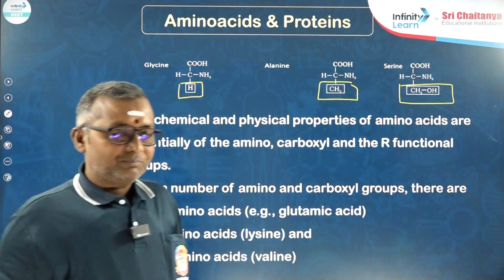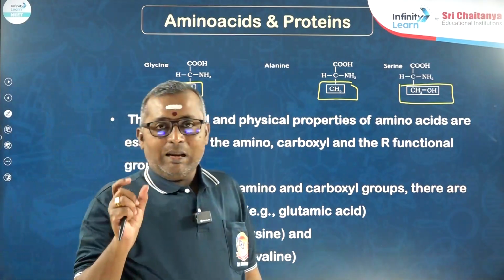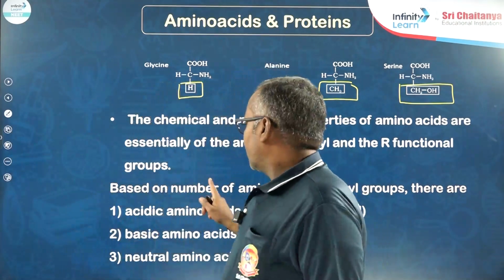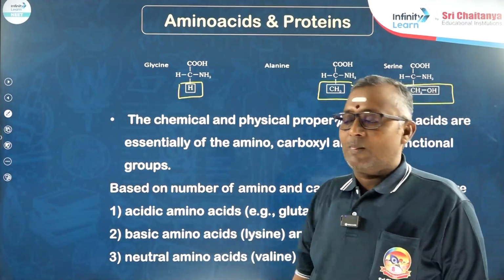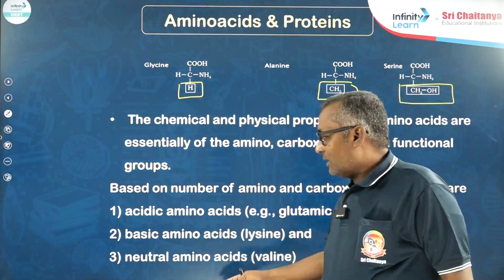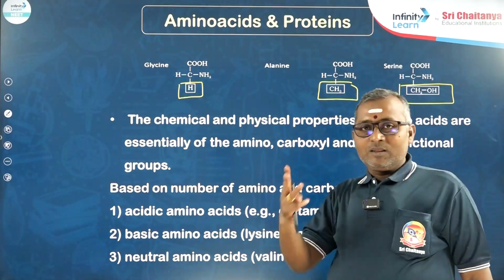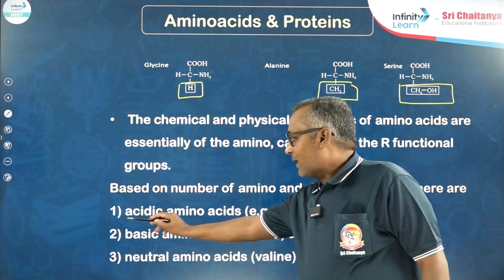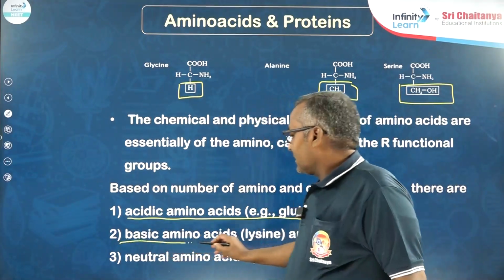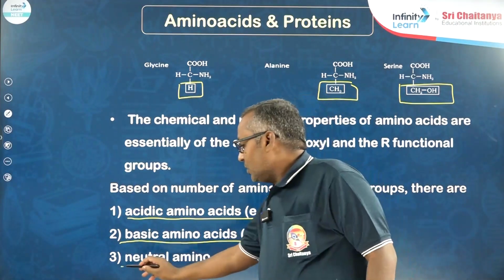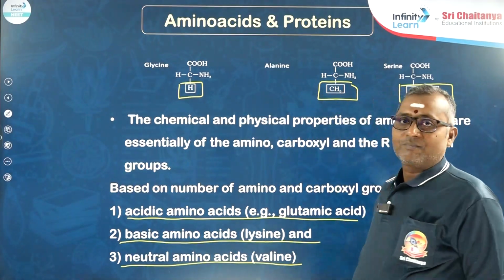In the same way, depending upon the number of carboxylic groups and amino groups present in an amino acid, amino acids are again classified into 3 types: acidic amino acids, basic amino acids, and neutral amino acids.